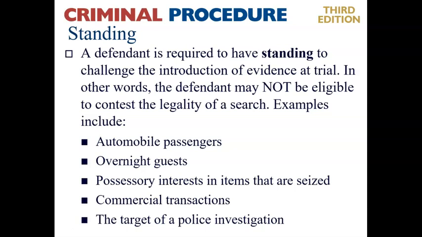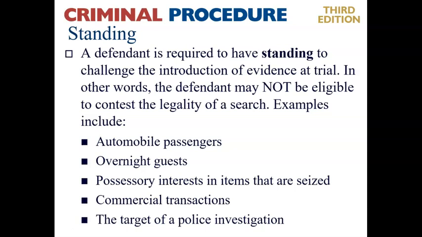The first one is automobile passengers. A police officer stops a car that they believe was fleeing the scene of a robbery, and a search uncovers a box of rifle shells and a sawed-off shotgun under the front seat.